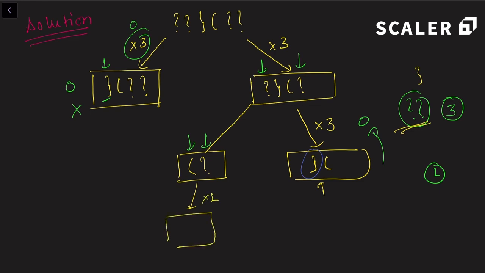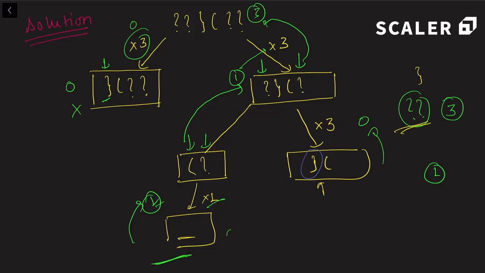The string that I'm gonna get is an empty string of length 0. In case we got an empty string, that means that we have already paired up all of our brackets, right? So in this case, I will return 1 from here. I'll say that this is a valid choice. Now 1 multiplied with 1 is 1. Then this 1 will propagate further to here. Now I'll multiply this 1 with this 3, so I'll return 3 from this position. So I'll get 3 from this string.